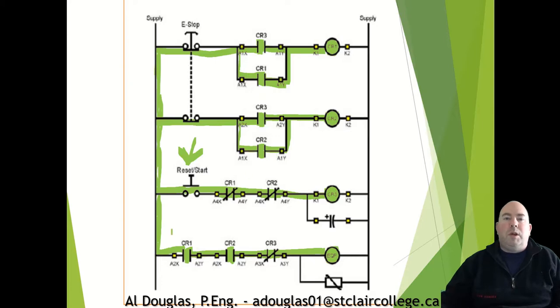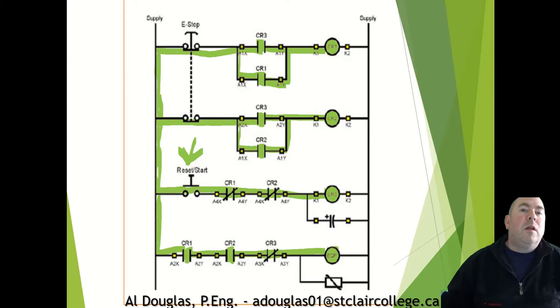Now what this also means, when this breaks, I will now suddenly get these circuits here will open because this is normally closed, CR1 and CR2.